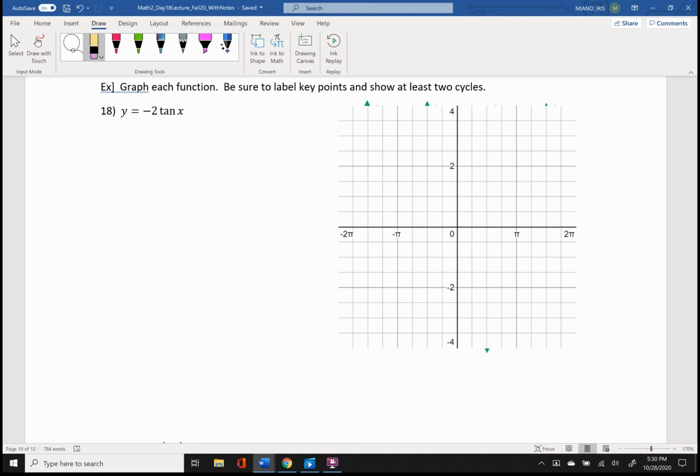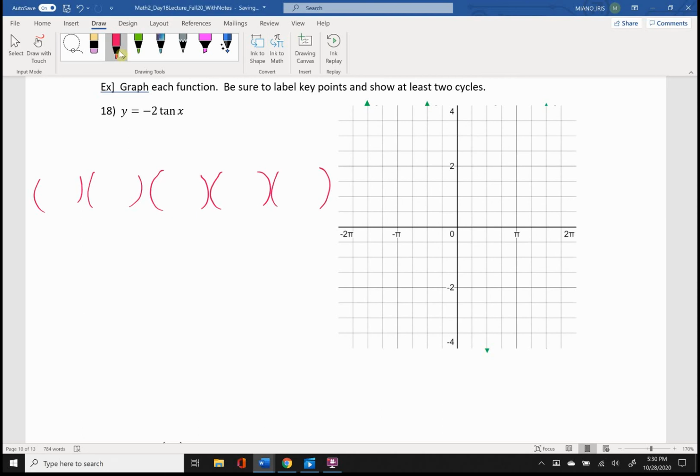Okay, so we didn't change the period at all with this tangent, so the asymptotes and the crossings of the x-axis are going to be in all of the same positions there. Okay, so here are the five points we're going to want to keep in mind.